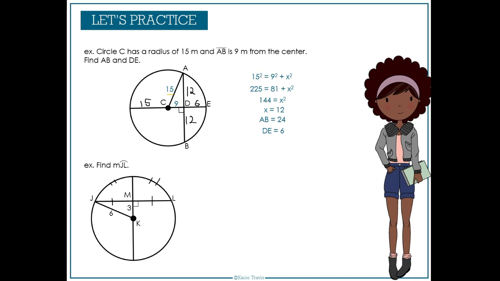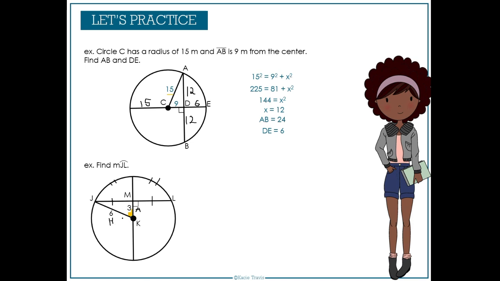If I wanted to find this angle here, I'm going to mark this one over here with this little orange block. Based off of this angle, 3 is our adjacent side. And this 6 is our hypotenuse. The only trig ratio that uses adjacent and hypotenuse is cosine.